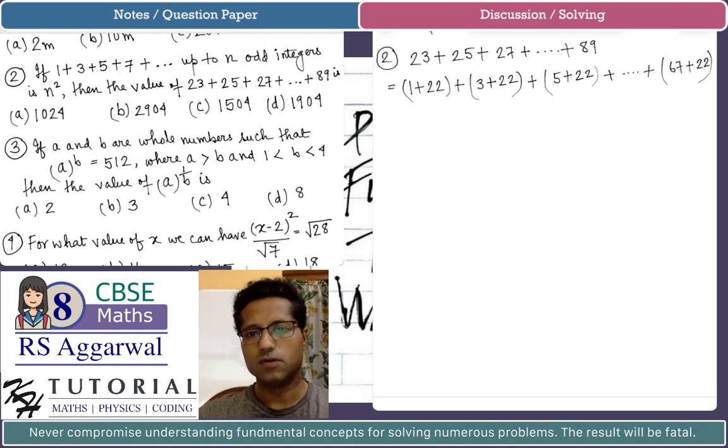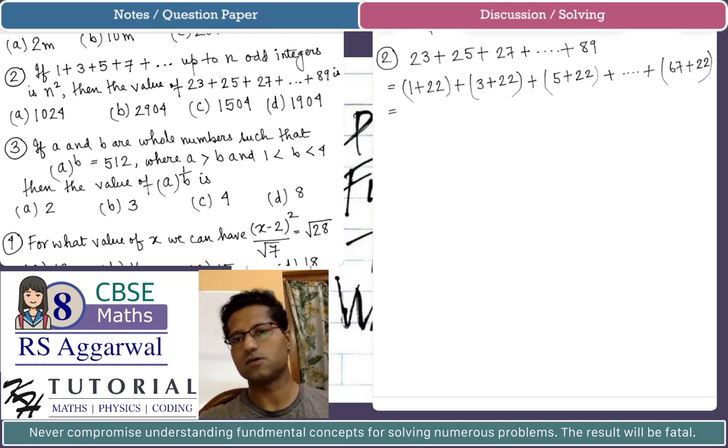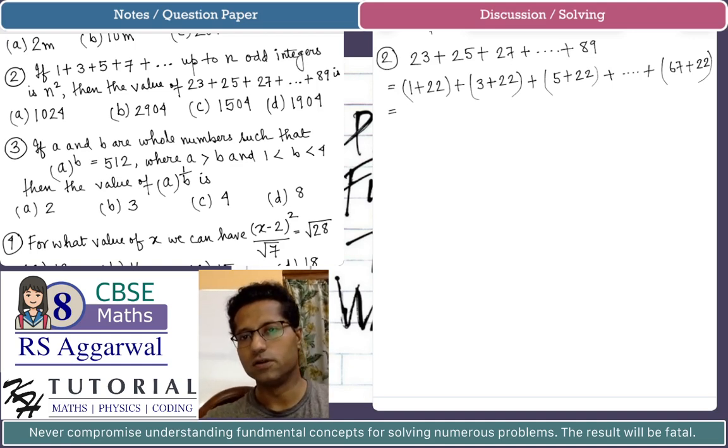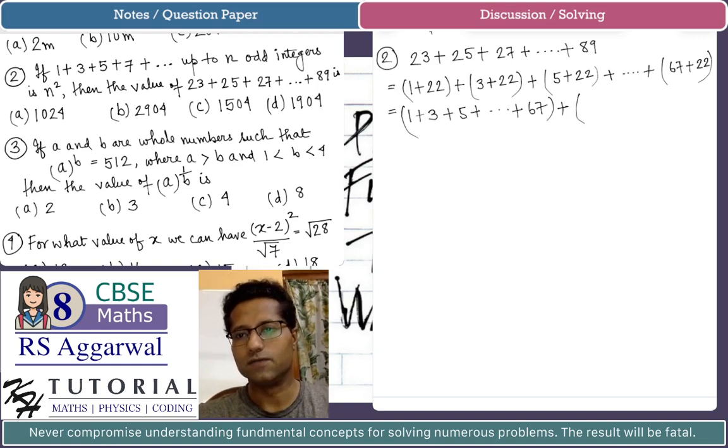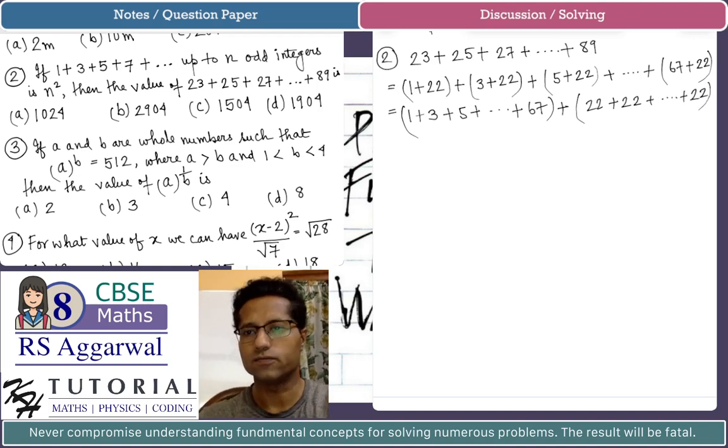Now we can express all these odd numbers as the consecutive odd numbers plus 22. If I separate out all the 22s and combine the 1 plus 3 plus 5 up to 67, I will get 22 plus 22 plus like this up to 22.